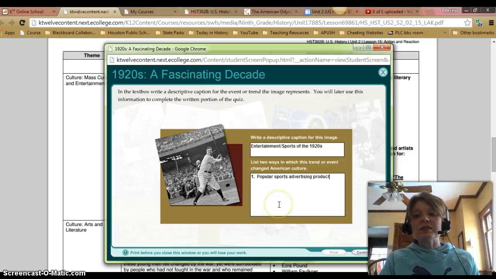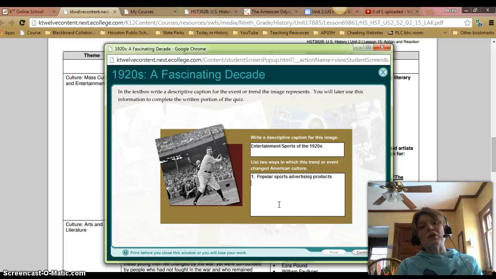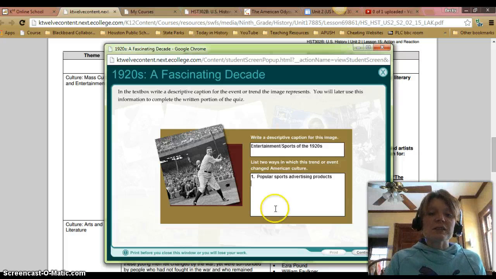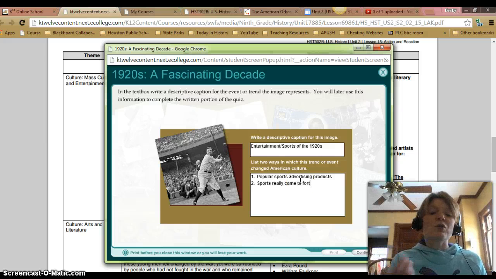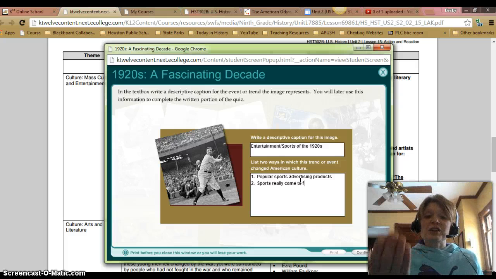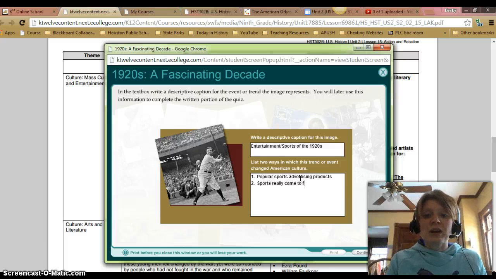So not only were they celebrities on the field, but off the field they could also help sell things as well. And sports really came to the forefront of American society when you could listen to them on the radio, go to those events. Even if you didn't live close to the big game, like for example, watching Babe Ruth play, you could still listen to it on the radio.